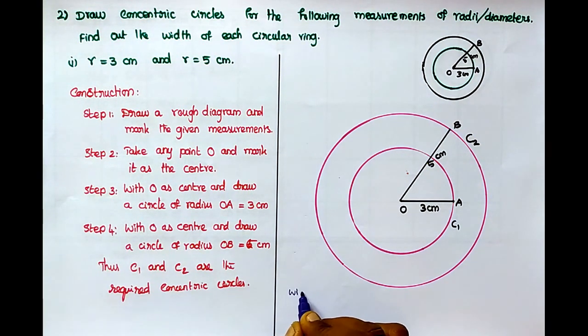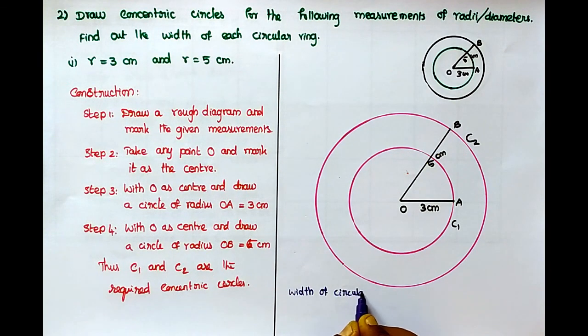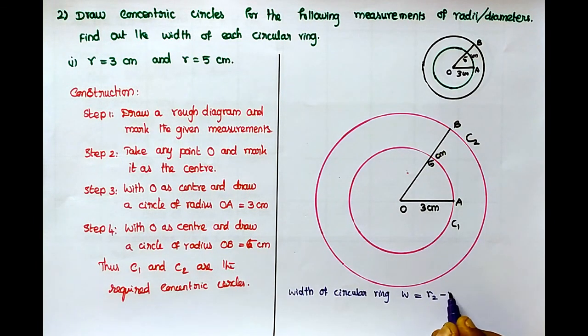Width of the circular ring, W equal to R2 minus R1, that is R2 is 5 centimeter minus R1 3 centimeter. So 2 centimeter is the width of the circular ring. So that is the answer.